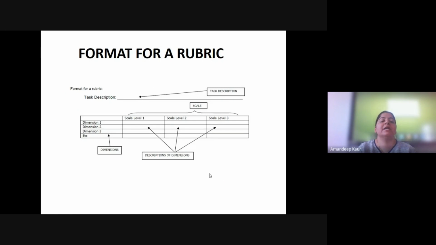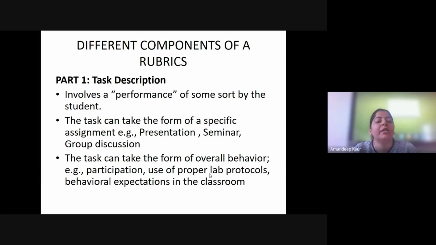On the screen, it's a standard format to design a rubric sheet. When it comes to the design of the rubric sheet, the important part of that format is the task description. The task description involves a performance of some sort by the student, and a task can also take the form of overall behavior.